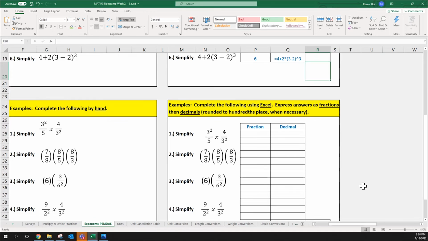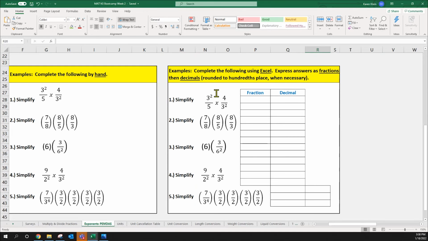All right, let's simplify 3 squared over 5 times 4 over 3 squared. So we've got decimal and fraction here. So I'm going to start on the decimal side. So we have 3 caret... Actually, I need to do divide.